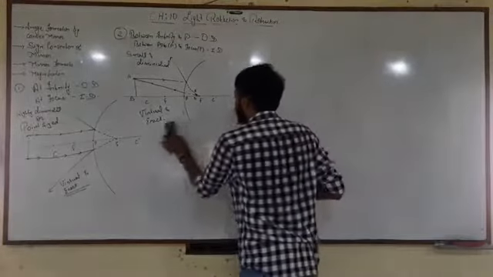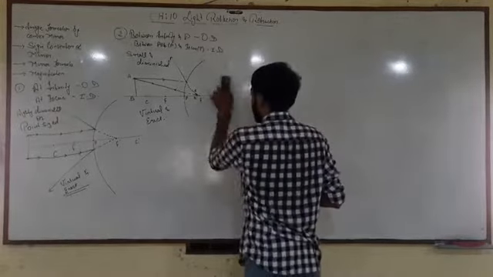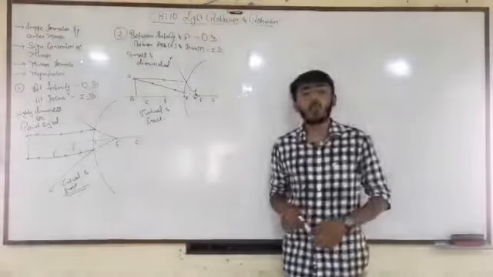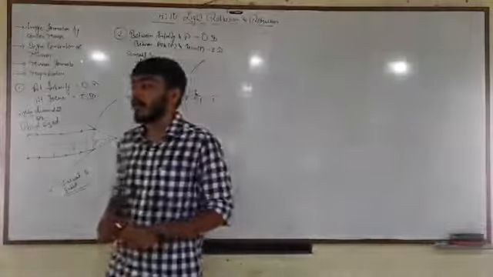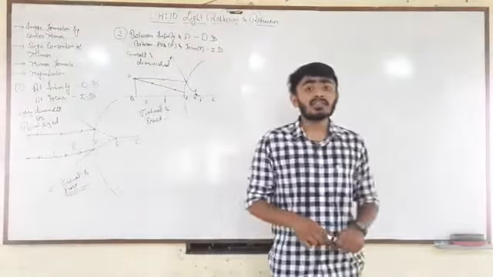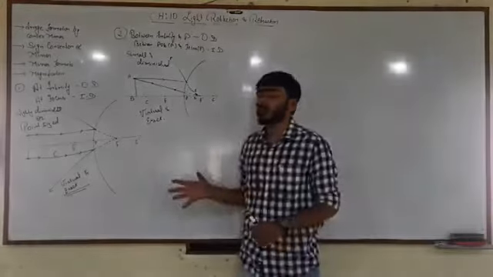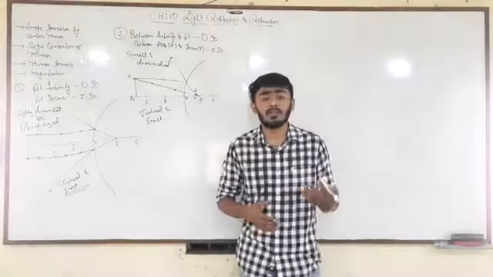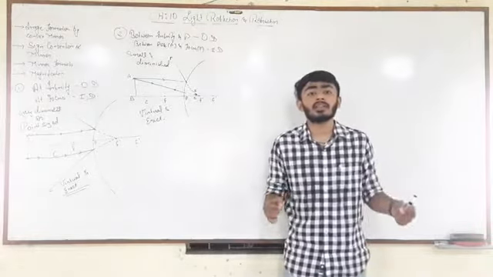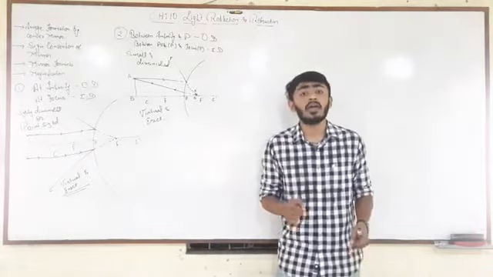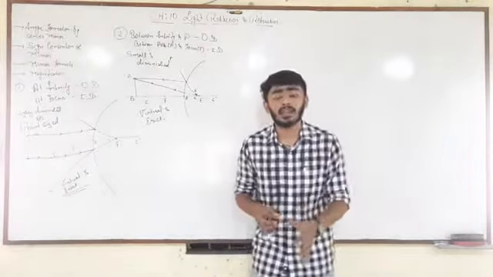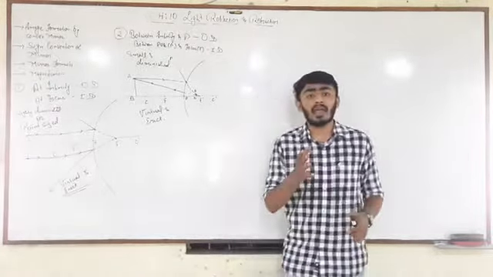Fine. So the next thing we are going to study is sign conventions. Now what is the meaning of the word convention, or say sign conventions? Here sign stands for, in any mirror, if you are using any object distance, image distance, the length of the focus, the radius of curvature, how we will keep the positive sign as well as the negative sign, that is known as sign convention.